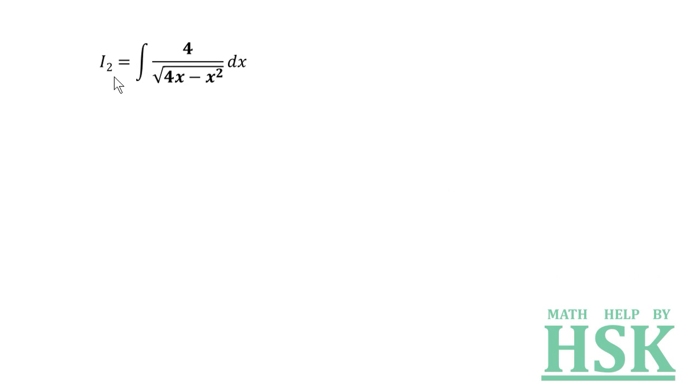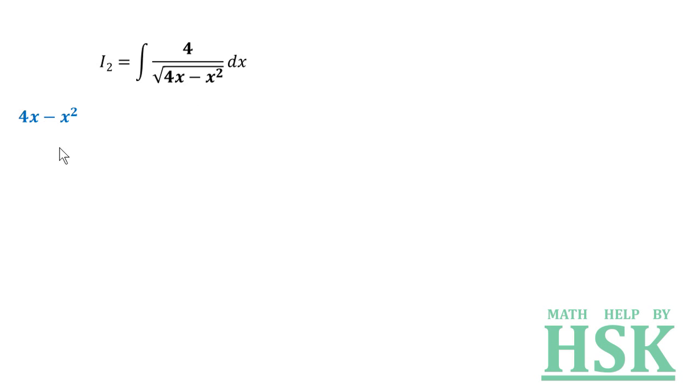Now taking the integral I2, we see that this integral has a quadratic term inside the square root sign, right? So I'm going to simplify this term inside the square root sign, that is a quadratic term, and write it as the sum or the difference of a square of a variable term and a constant term, right?